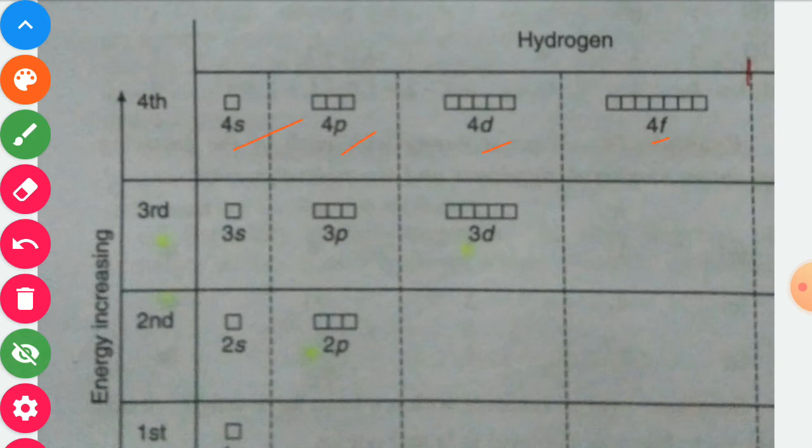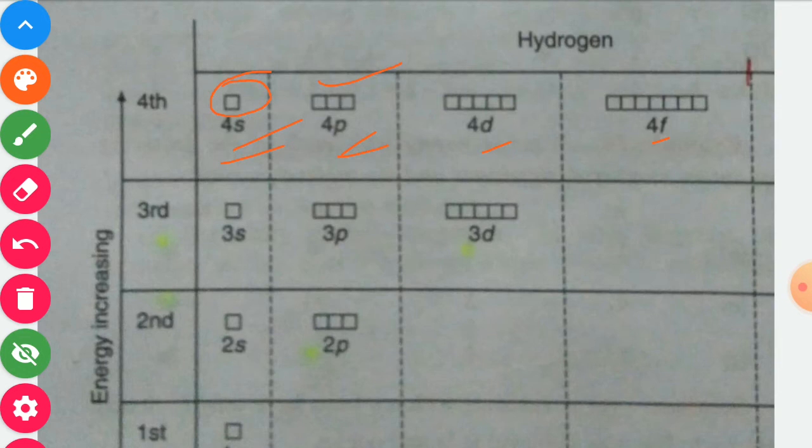So here we take the square to represent the orbital. As you know, in the s subshell only one orbital is found. In the p subshell three orbitals, px, py, pz, are found.